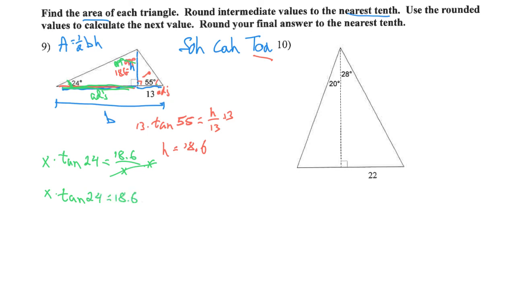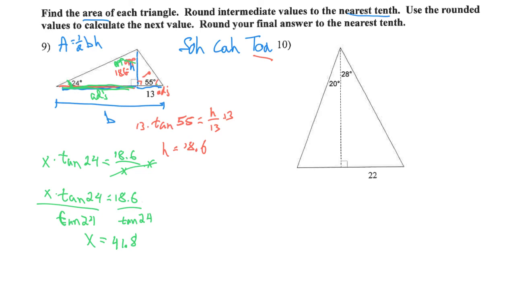So we got x tangent 24 equals 18.6, so divide both sides by the tangent. And then I got my x. So if I grab my calculator, 18.6 divided by tangent of 24 gives me 41.8.